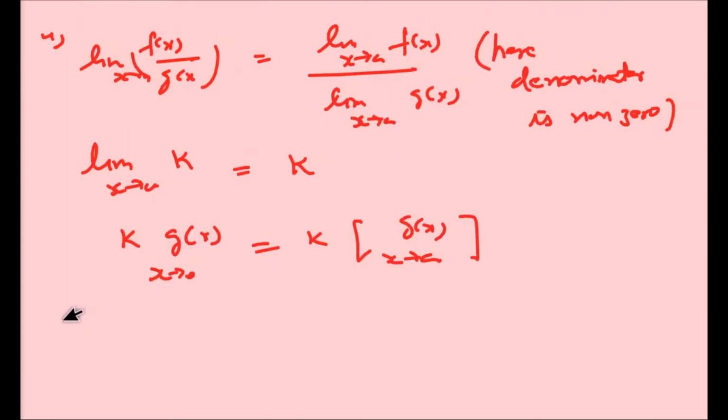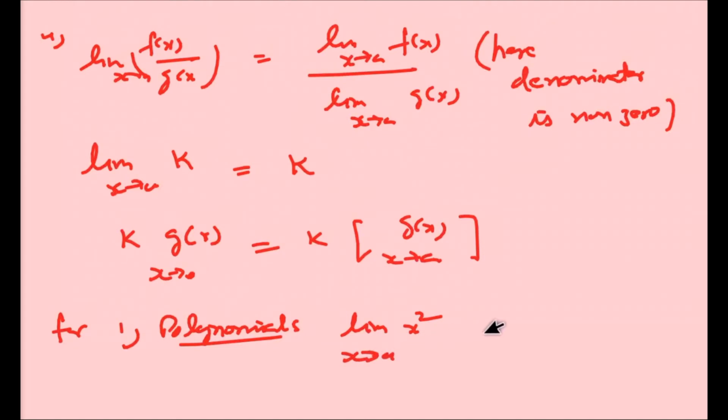Now for polynomials and rational functions, first for polynomials. For example, the limit of x square, x tends towards a, we can check by directly putting the value, and we find the answer a square.